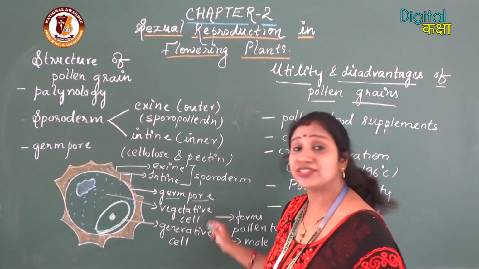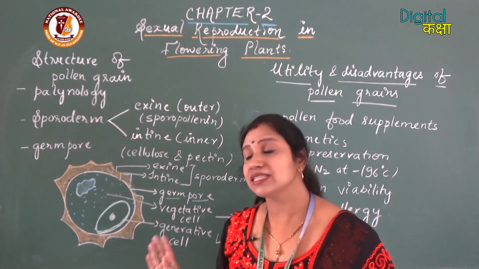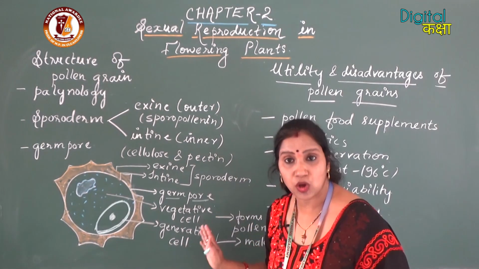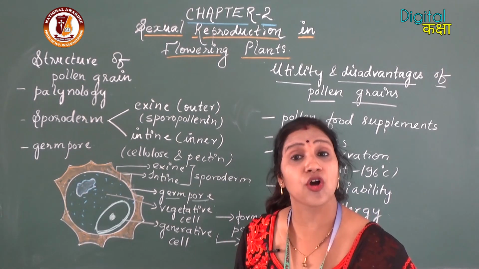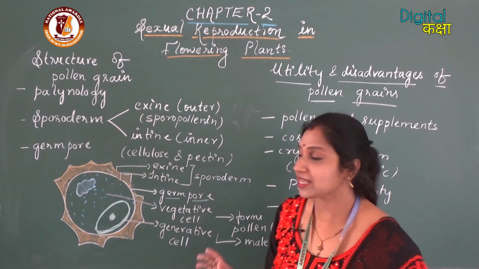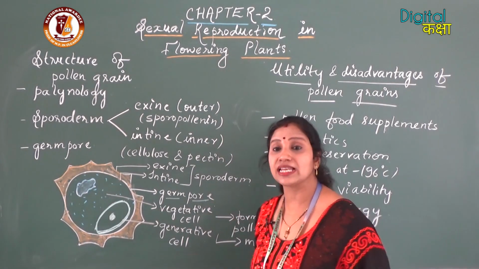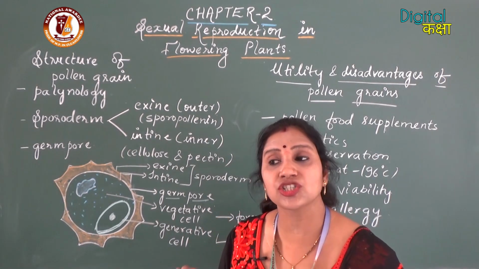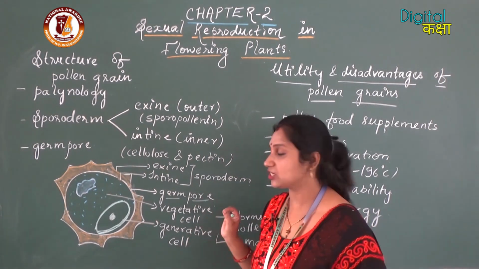The vegetative cell is bigger and the generative cell is smaller. So the maximum part of the pollen grain is taken by the vegetative cell, and the generative cell floats in the cytoplasm of the vegetative cell.